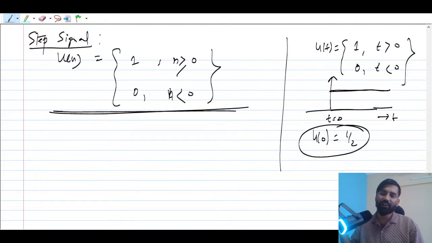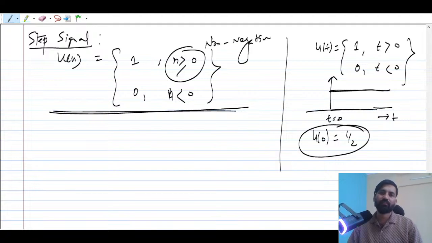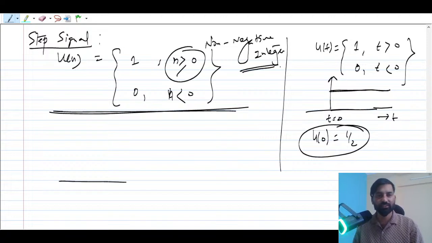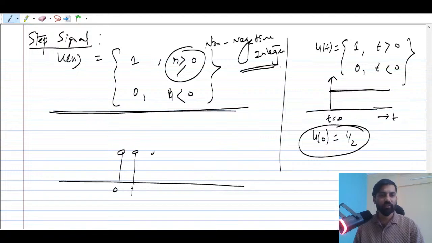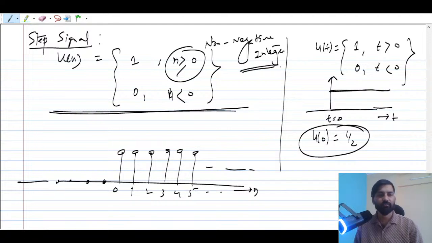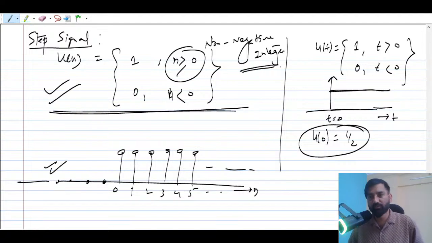For all positive integers along with 0, that is for all non-negative integers, it will look like this: 0 gives 1, 1 gives 1, 2, 3, 4, 5 and so on, right? And everything before that is going to be 0. So whether you write in this format or show in this format, both are okay.